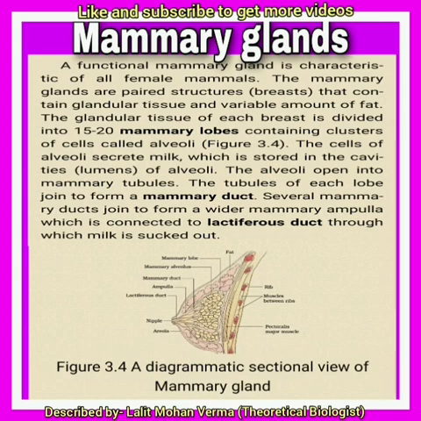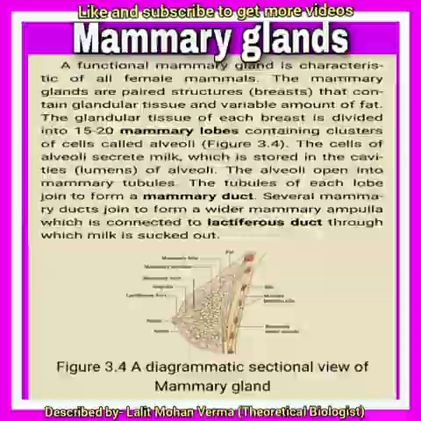The glandular tissue of each breast is divided into 15 to 20 mammary lobes containing clusters of cells called alveoli. The cells of alveoli secrete milk which is stored in the cavities, that is lumen of alveoli. The alveoli open into mammary tubules. So this is all about the female reproductive system of human.